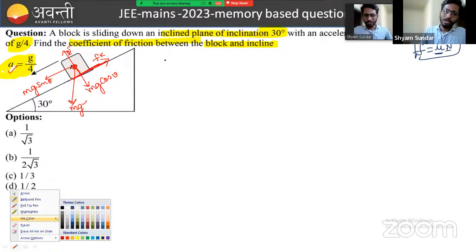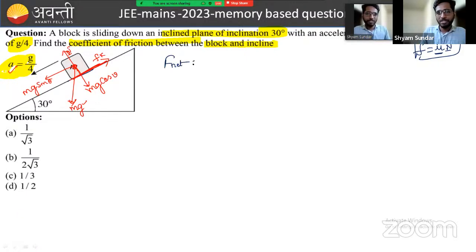Right. Now we can start to find the value of friction. How? We know that net force is equal to mass into acceleration. What is the net force on it? N is cancelled out by mg cos theta, and the unbalanced force is mg sin theta pulling down. That object is pulled down by mg sin theta. Hence, net force here, these two are in opposite directions, so mg sin theta is greater than the frictional force.